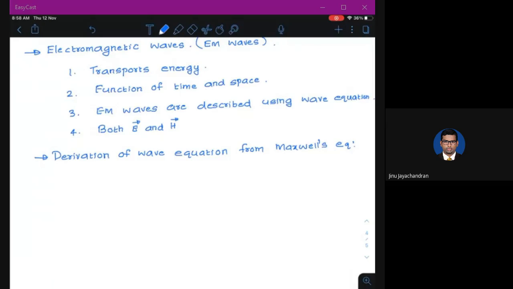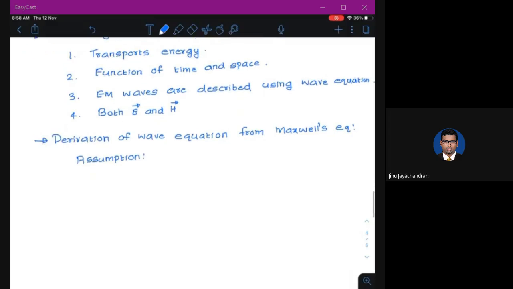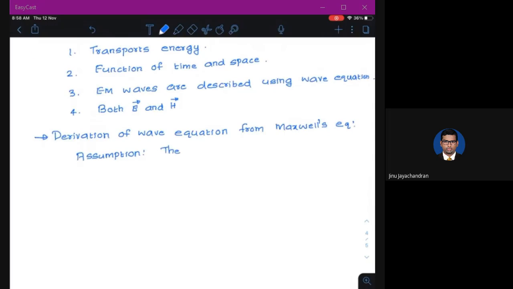Okay. Now we are going to make an assumption, first of all, saying that the medium in which the wave is going to propagate is source free. Means the value of rho v is equal to 0.